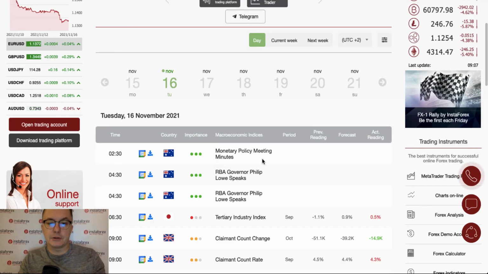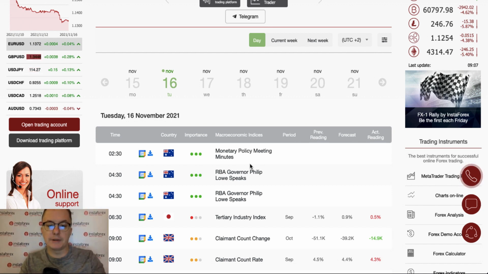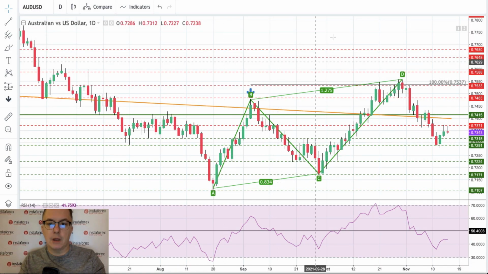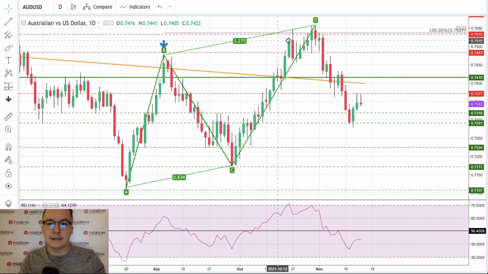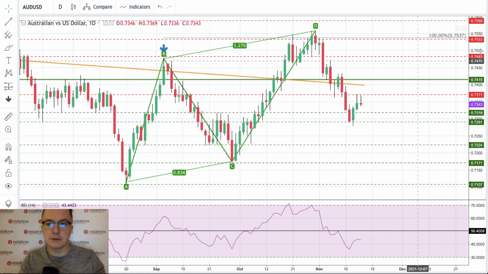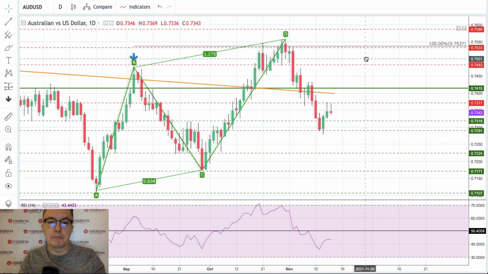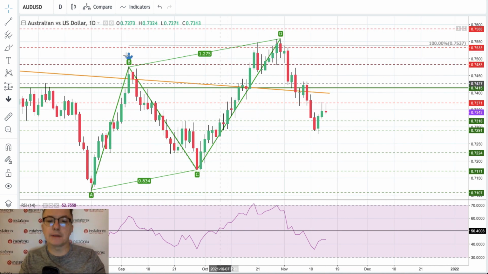So I think we should take a look at this Australian dollar situation after the monetary policy meeting minutes has been published. So at the daily time frame chart of the Australian dollar to American dollar, we have the ABC pattern here together with the D point at the level of 0.7556.